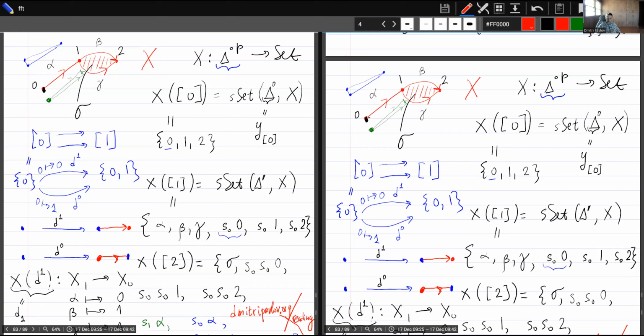Its initial vertex goes to 0 and its terminal vertex goes to 1. This also allows you to compute the precompositions of this map from a one simplex to X with any map to a one simplex. For example, a map from a vertex to a one simplex: if this vertex maps to the initial vertex, it must map to 0. There is no other choice. So everything is seen completely uniquely from this picture.